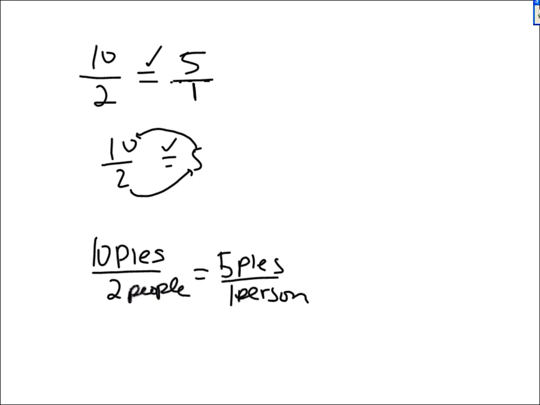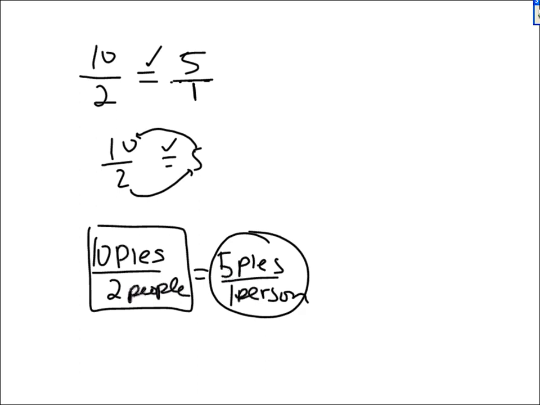Maybe the pies are rather small, okay? So if you go into our store and it says 10 pies are for 2 people, and you're just 1 person, you'll say, give me 5 pies, please. The small pies. That's enough for 1 person.